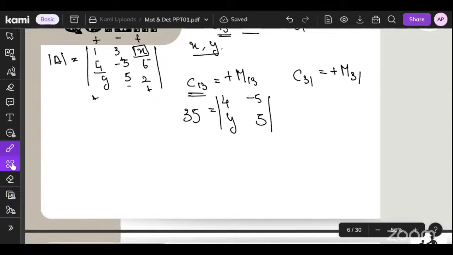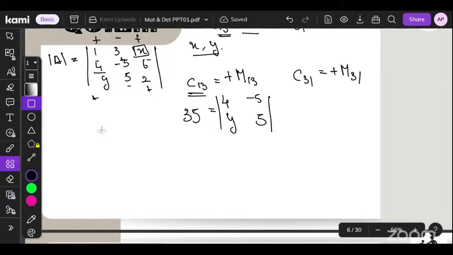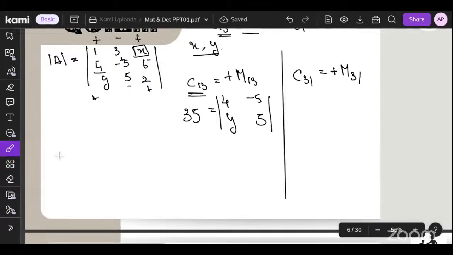Okay, and then what is the value of C31? It is given that it is 8, right? And then we need to write the minor for 31. Let us do the determinant.